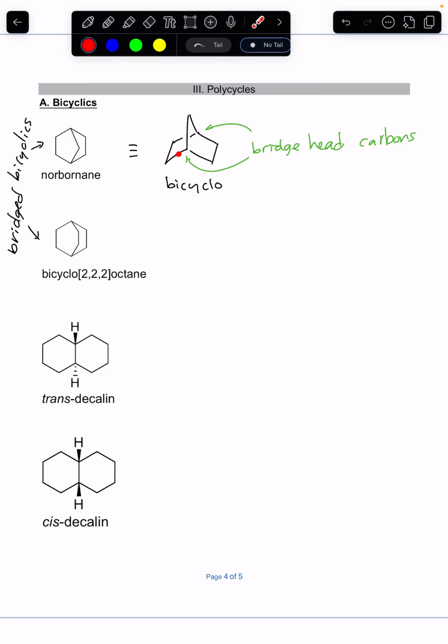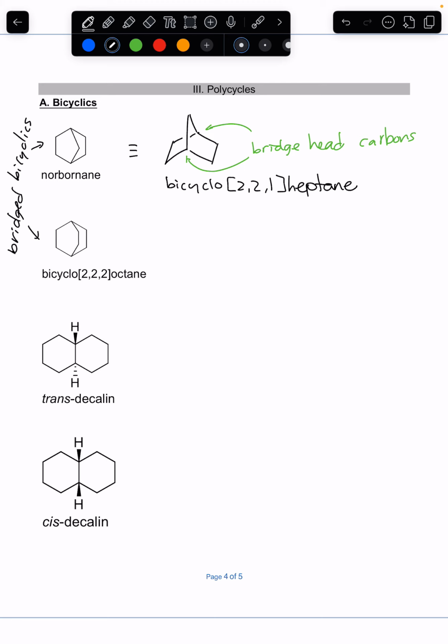You could think of this as the bridge, depending on how you view them. And in this bridge, there's 2 carbons. In this bridge, there's 2 carbons. In this bridge, there's 1 carbon. So you just list those. So you say 2, 2, 1, bicyclo 2, 2, 1 heptane.